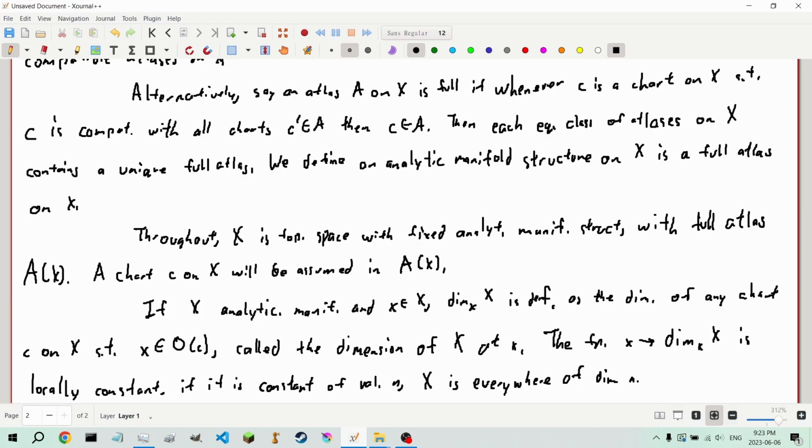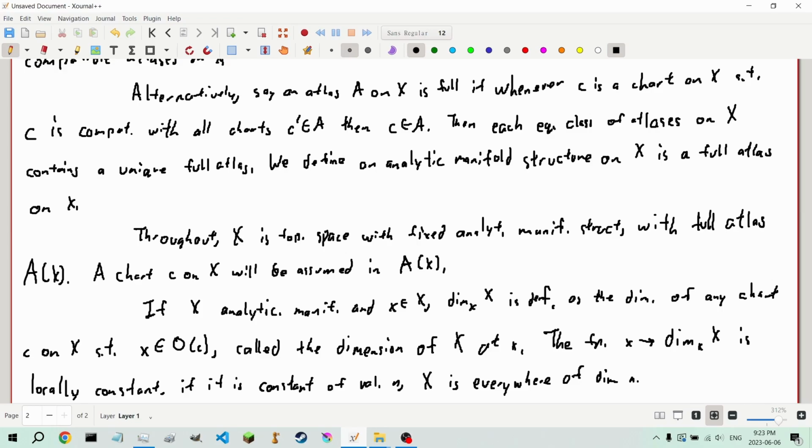And then of course when k is real or complex or p-adic, we can say that we have a real analytic manifold, a complex analytic manifold, or a p-adic analytic manifold. Alright.